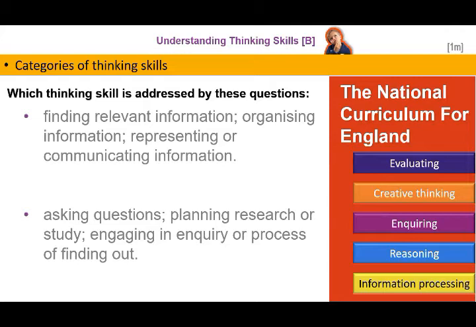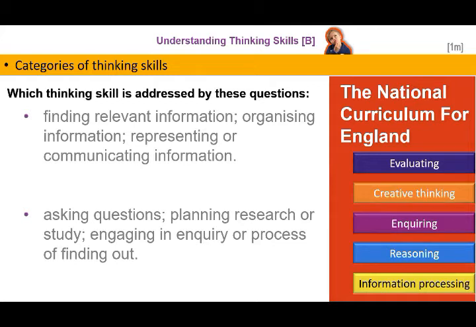No, the skills are here on the right. Information processing. Yes, information processing, because it's related to finding information, representing, organizing, and communicating information. So this is information processing.